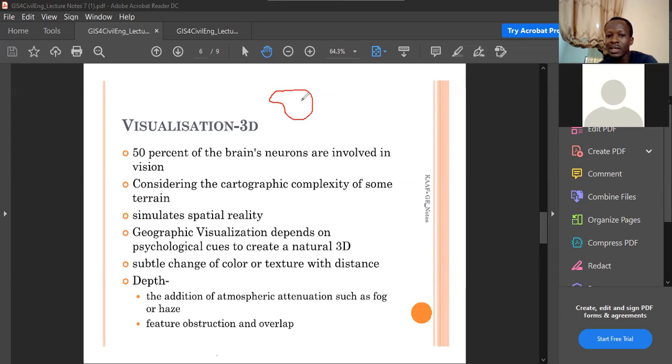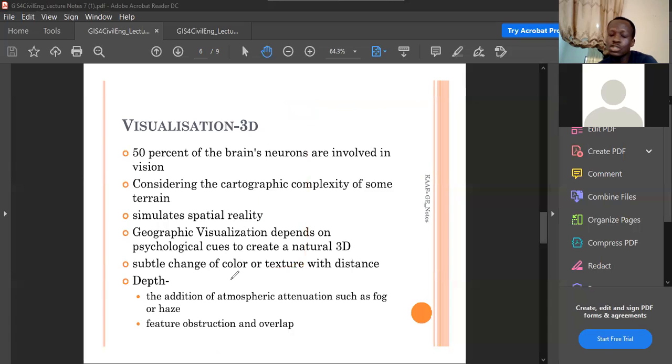There's a lot being hidden from you. It could be as long as this, or it could actually be that little. So 3D visualization is very important, and it's very important to show things in 3 dimensions.